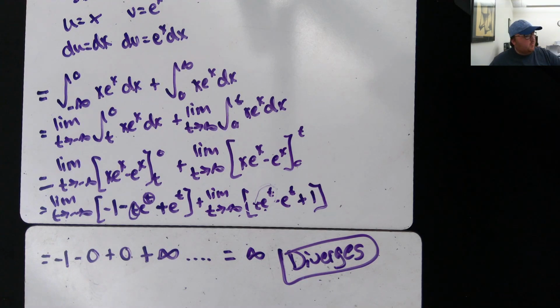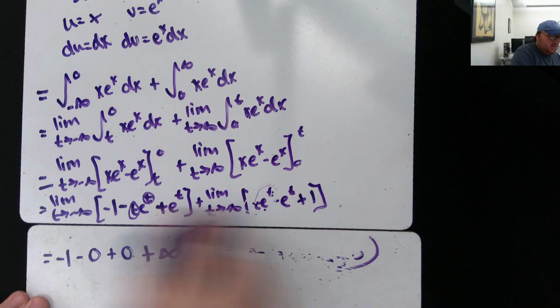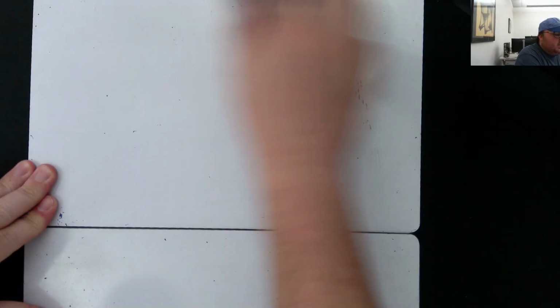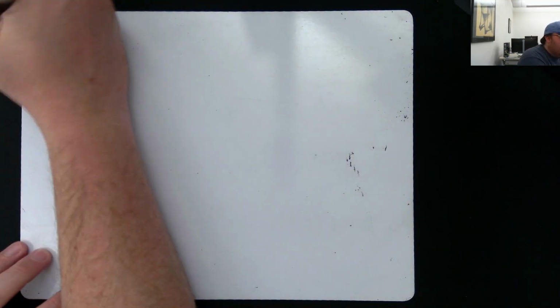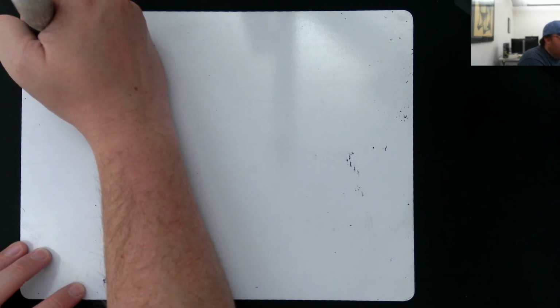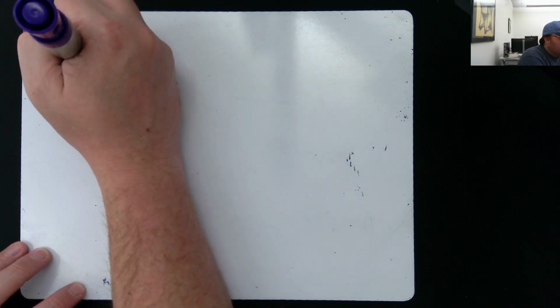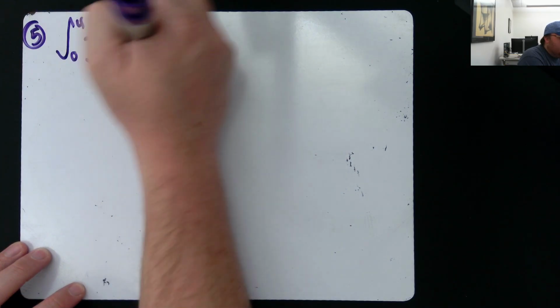Okay, so now we can move on to if I have some numbers that don't work out very nicely. So example number 5. For example, example number 5 is the integral from 0 to 4 of 1 over the square root of 4 minus x dx.